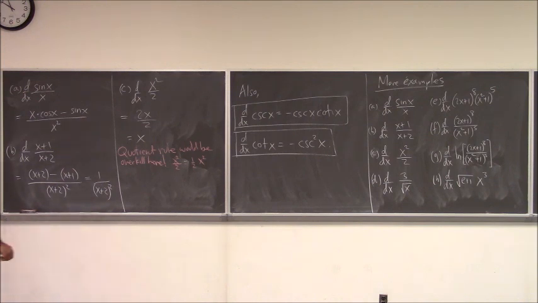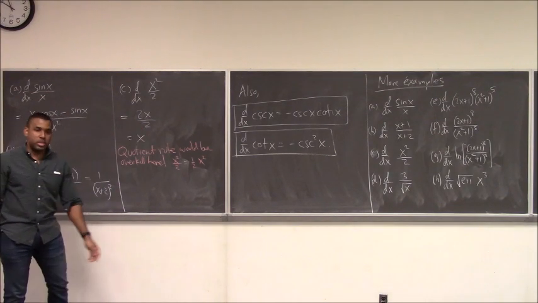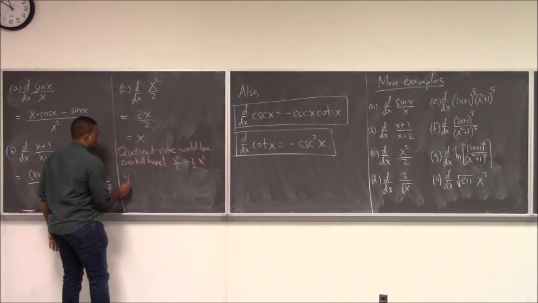Often what will even happen in that case, especially when students are anxious, they'll forget that the derivative of 2 should be 0, and so they'll actually get the wrong answer when they try to apply the quotient rule. So you only need power rule here.